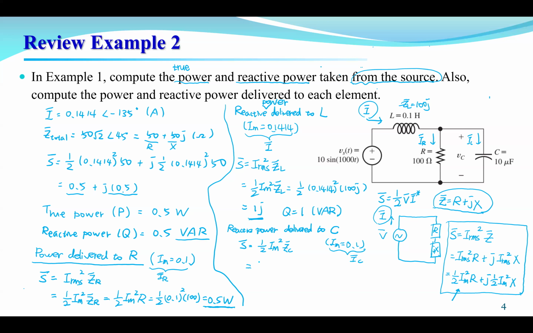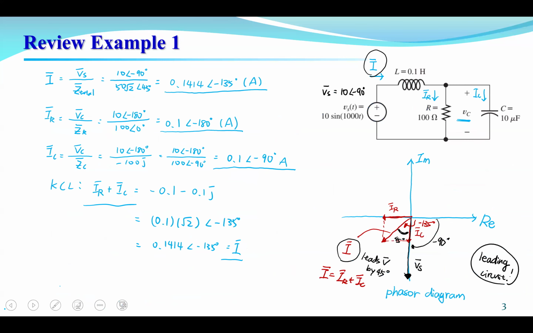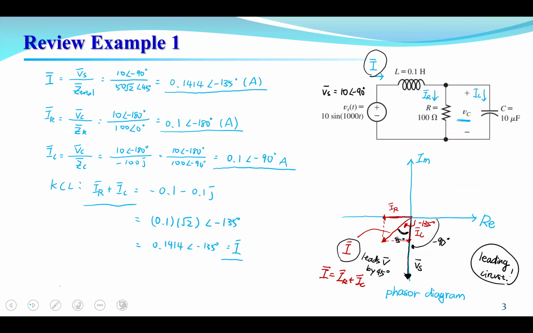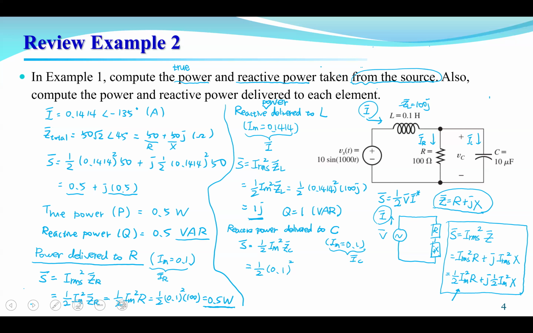So we have 1 over 2 times 0.1 squared times Z_C. And Z_C, let's just look at the previous one, Z_C is minus 100j. So the answer is minus 0.5j.